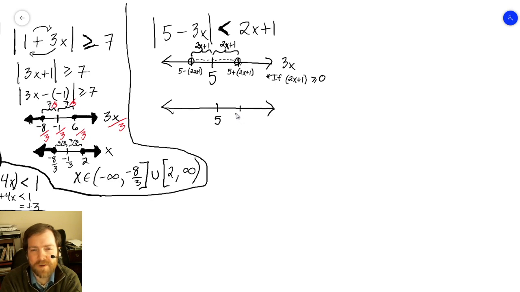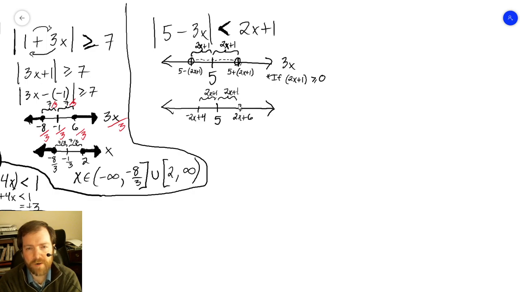All right, so this is going to be a 2x plus 6. This is 5 minus 1, which is 4, and that's going to be a negative 2x plus 4. And again, this is sort of where my method kind of breaks down a little bit, because it's not going to be so easy as just getting numbers.